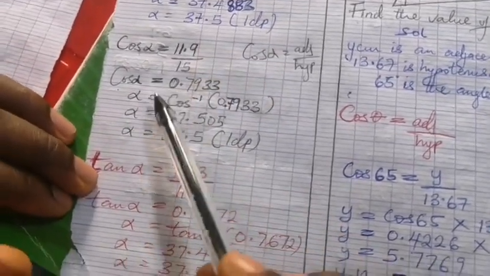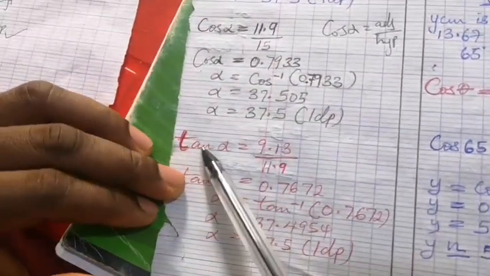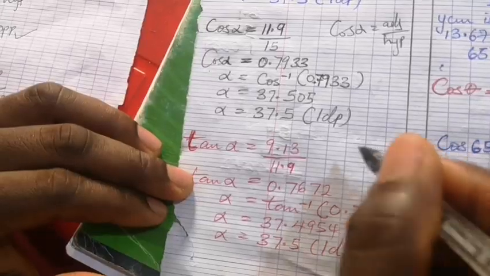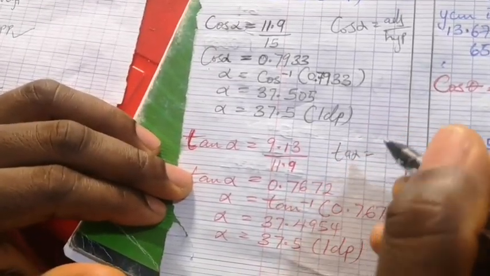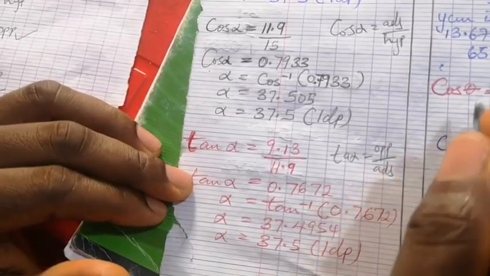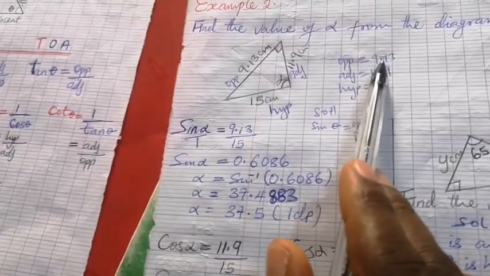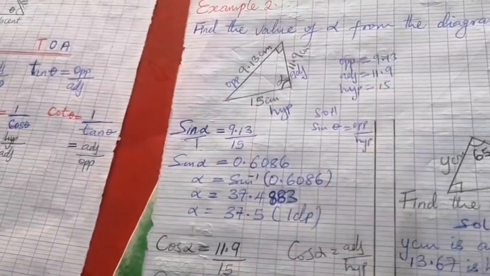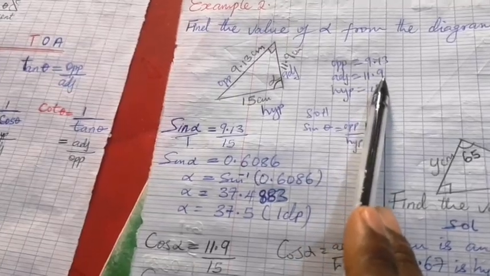Now, if we don't want to use sine or cos, we can equally use tan theta to find it. Remember that tan alpha is equal to opposite all over adjacent. Our opposite is 9.13 and our adjacent is 11.9.